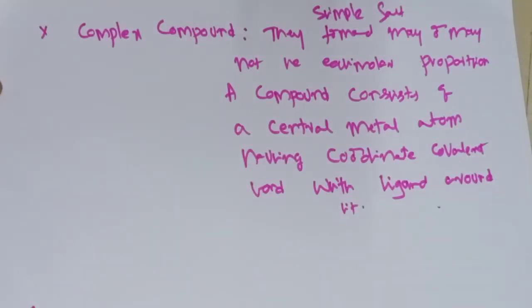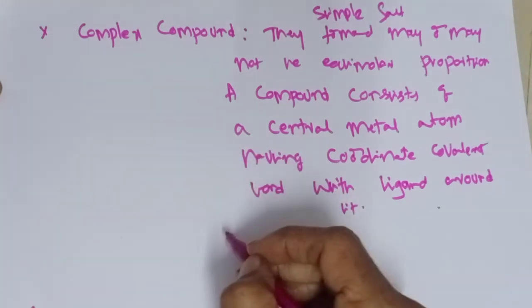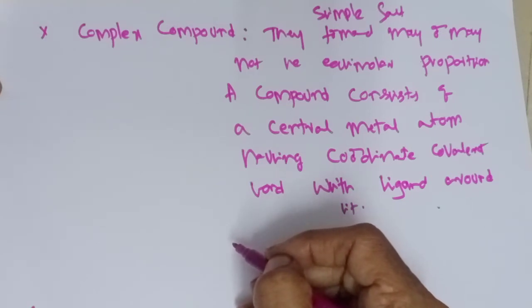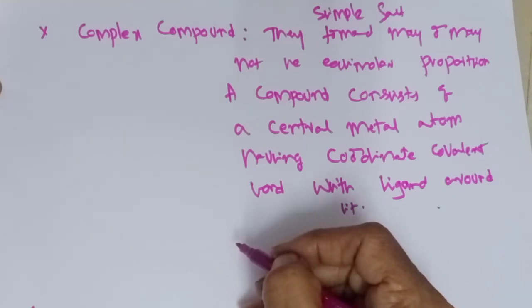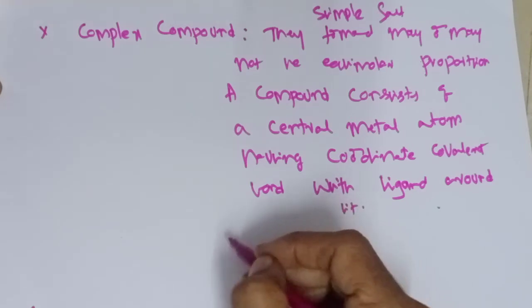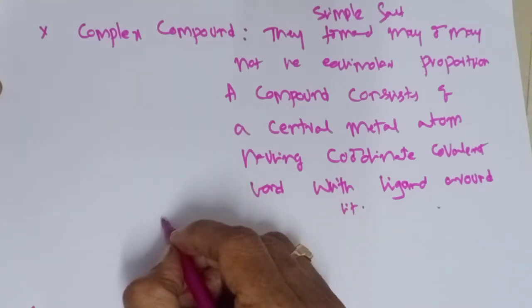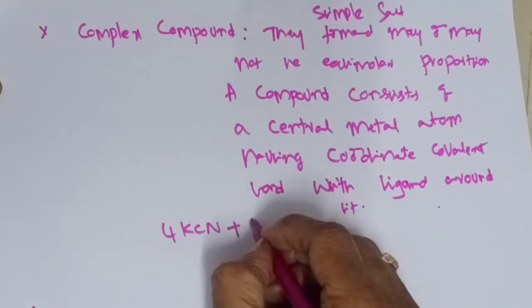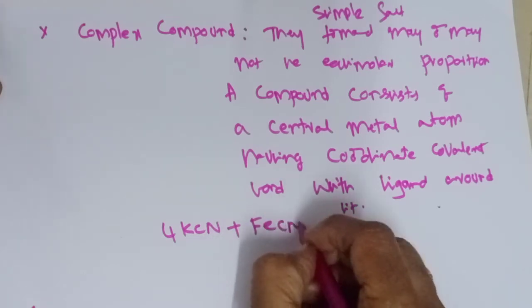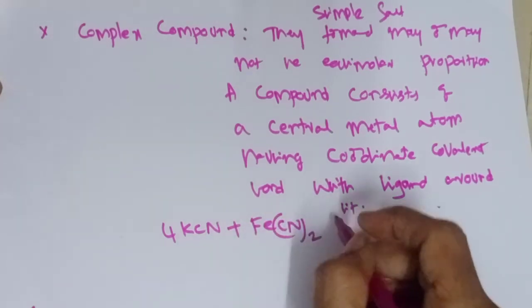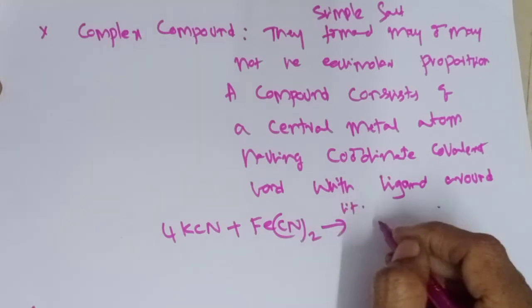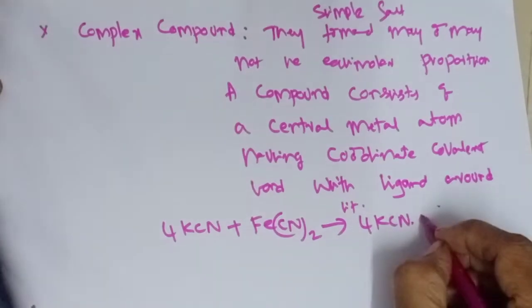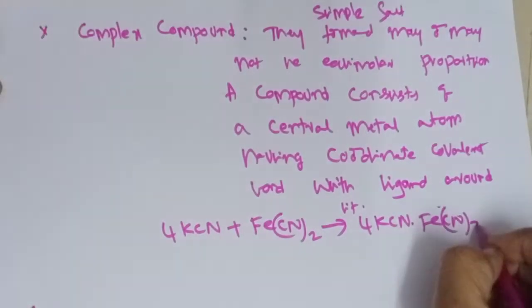If you take one example regarding complex compound: 4KCN plus Fe(CN)2.